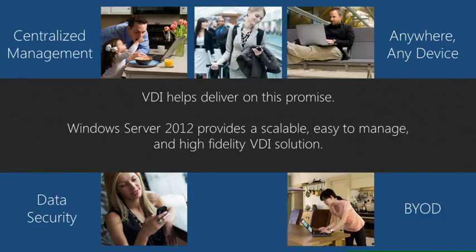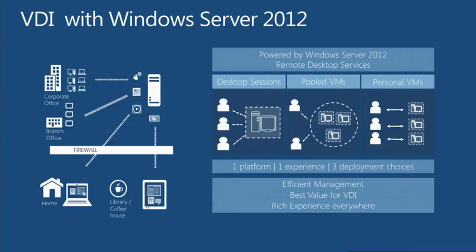So we're going to talk about how we're doing that in Server 2012. In Server 2012, the key technology that enables Microsoft VDI is Remote Desktop Services. Remote Desktop Services, what you used to call a long time ago Terminal Services, now incorporates VDI as well as sessions. Now, what is Remote Desktop Services bringing for you?